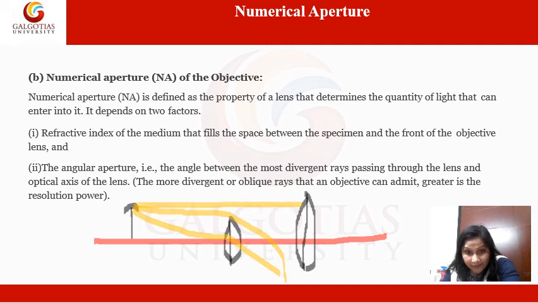Now this is the ray passed through the focal length of the larger lens and this is the ray passed through the optical axis of the larger lens. Now in this lens we will get the more divergent ray if we compare the divergence of this ray from this ray. So ultimately we can say that the more the angular aperture of the lens, the better resolution we will get through the microscope.